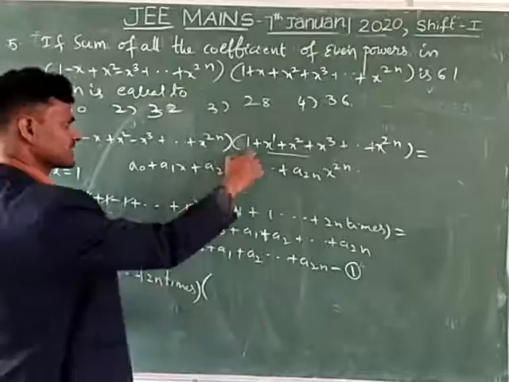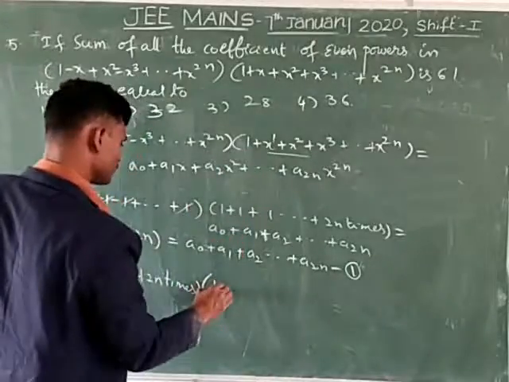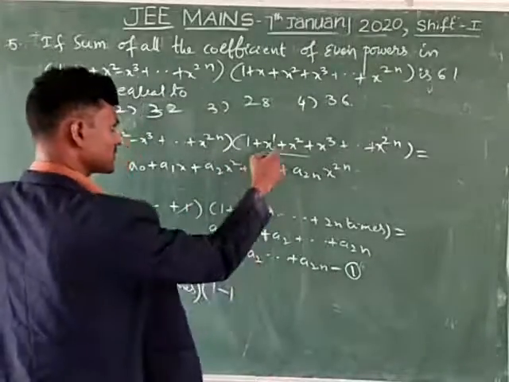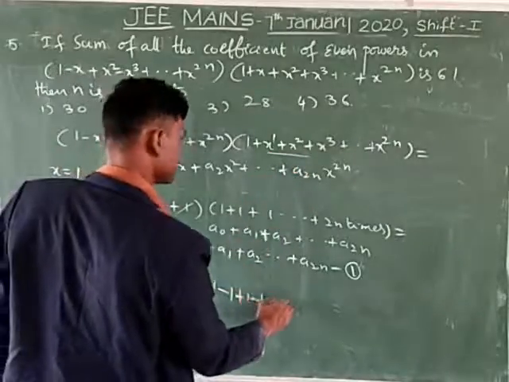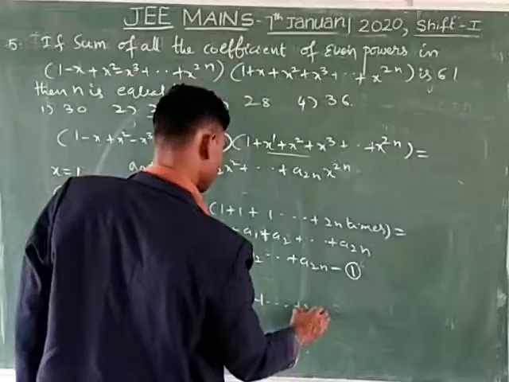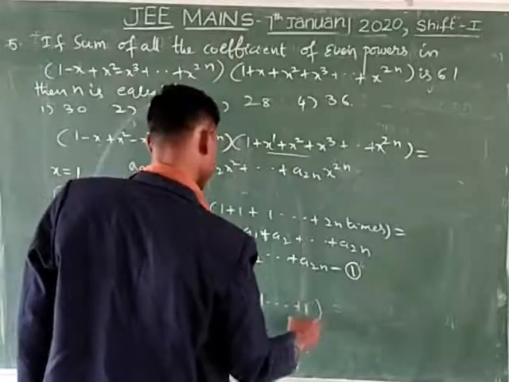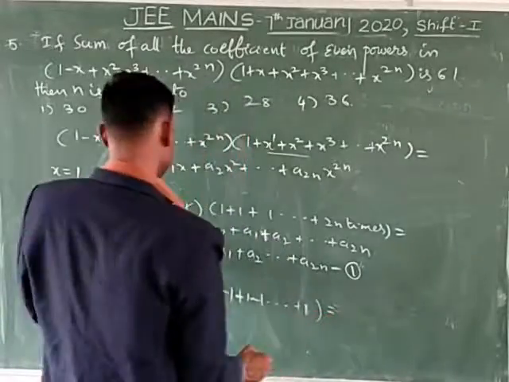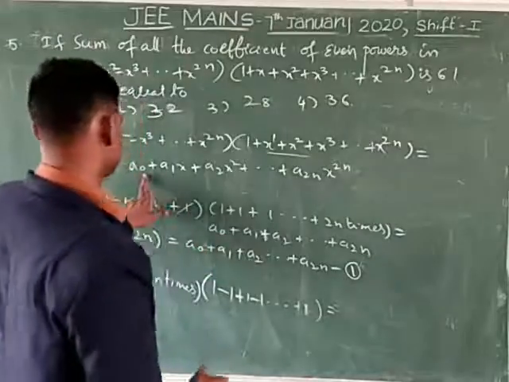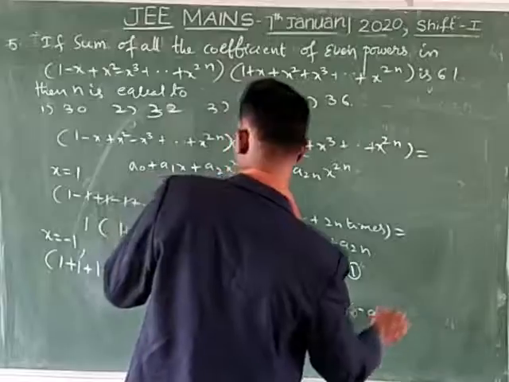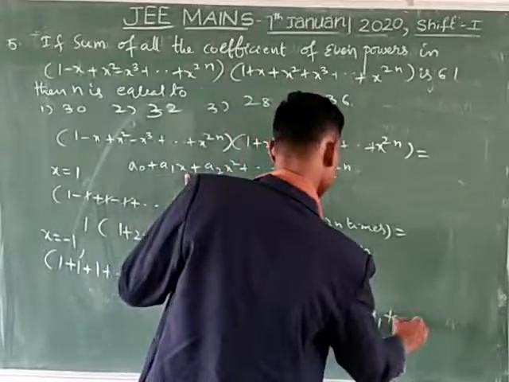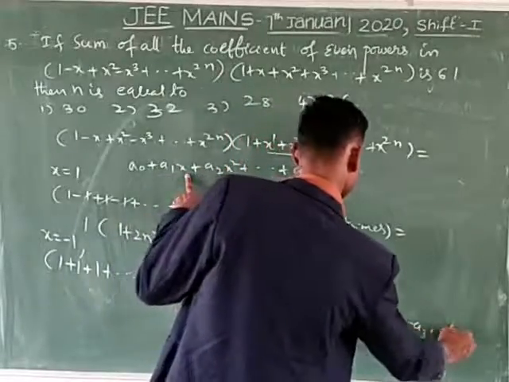Here odd terms are minus and even terms are plus: 1 minus up to so on 2n is equal to a0 minus a1 plus a2 minus a3 up to so on a2n.